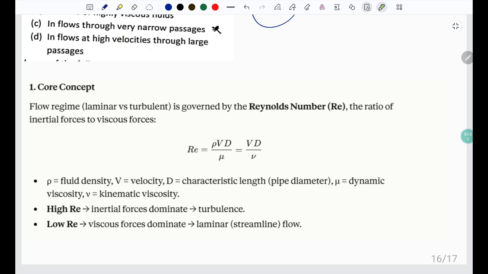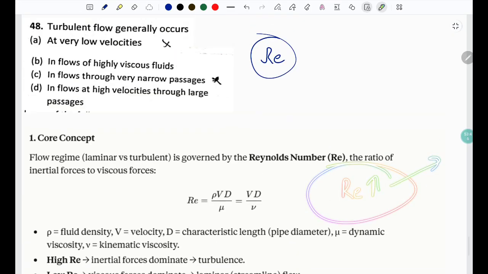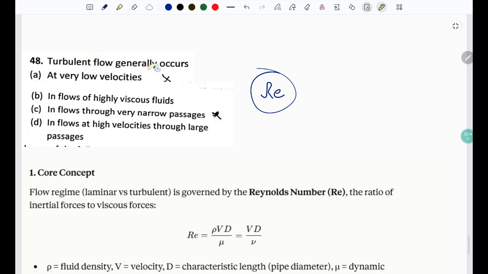In this question, keeping all the aspects same, Reynolds number is directly proportional to the diameter of the pipe. So for a large passage which has a higher diameter, the Reynolds number will be higher, hence the flow will go towards turbulent. Hence turbulent flow generally occurs at low velocities, no. In highly viscous, no. More viscosity means more viscous forces, and hence Reynolds number will be less.